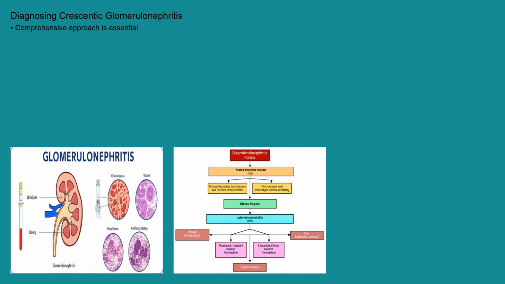Immunological tests such as anti-GBM antibody assays and ANCA testing are crucial for identifying the underlying cause. The gold standard for diagnosis is a kidney biopsy, where a small sample of kidney tissue is examined under a microscope. The biopsy reveals the characteristic crescent formation in the glomeruli and helps determine the specific type of glomerulonephritis. Additional imaging studies, such as ultrasound or CT scans, may be performed to rule out other causes of kidney dysfunction.